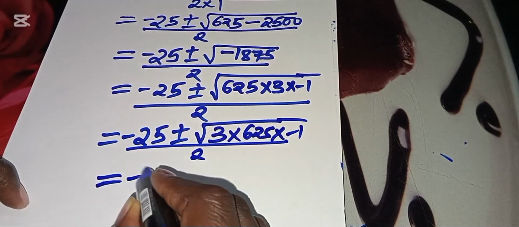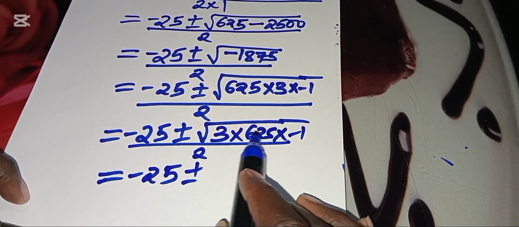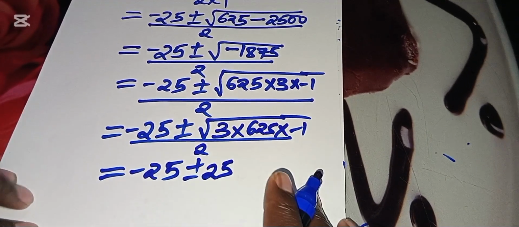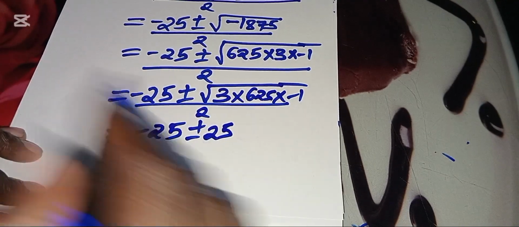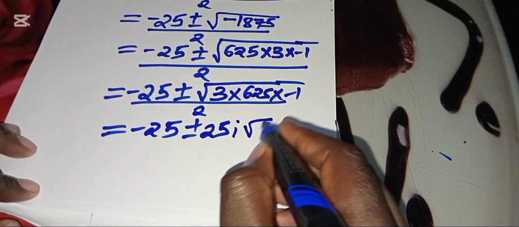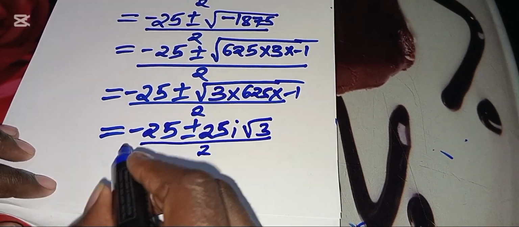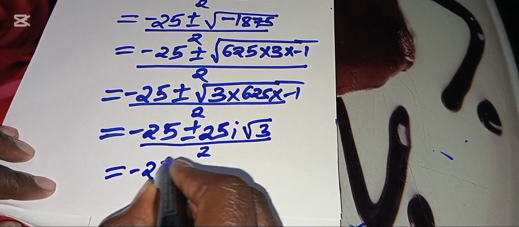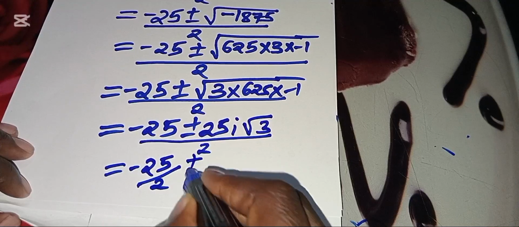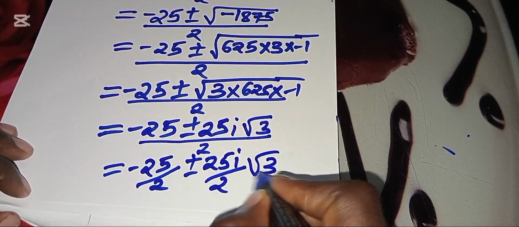So that we're going to have negative 25 plus or minus, now the square root of 625 is 25, and the square root of negative 1 is i, multiplied by the square root of 3, divided by 2. Okay, so that we're going to have negative 25 divided by 2 plus or minus 25i divided by 2 times the square root of 3.